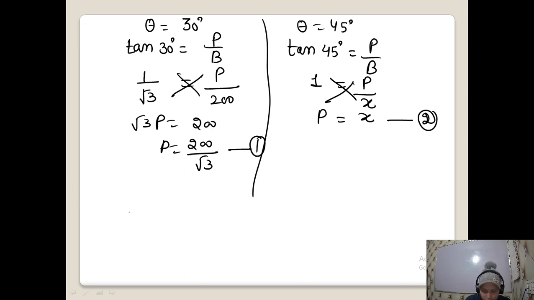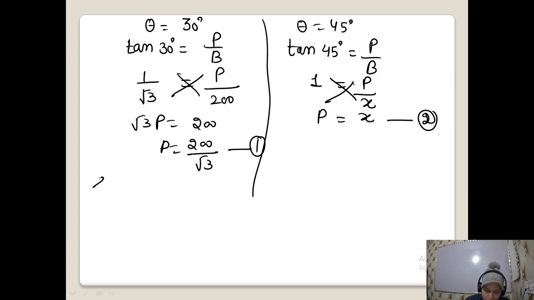Now you can do substitutions: substitute first into second, or you can say second value substitute in first.